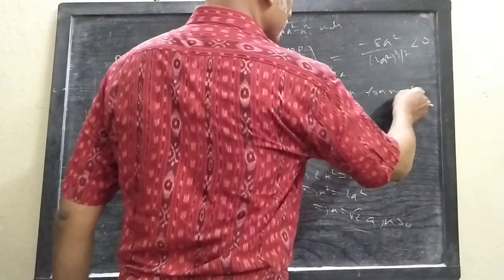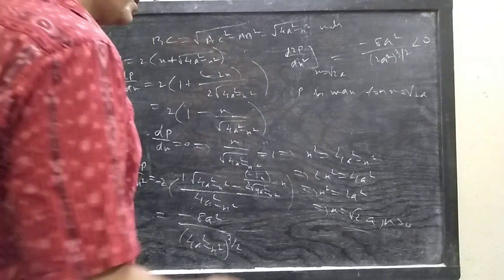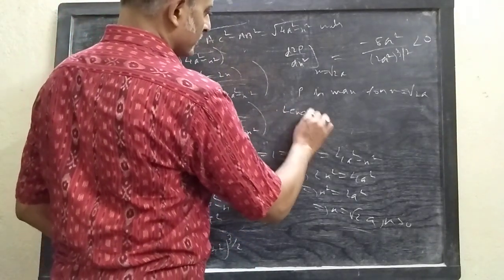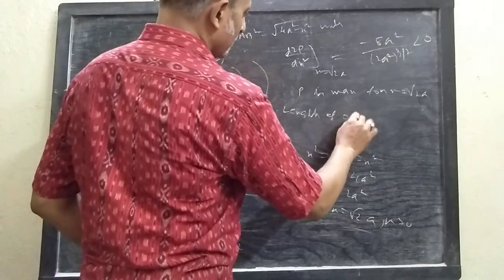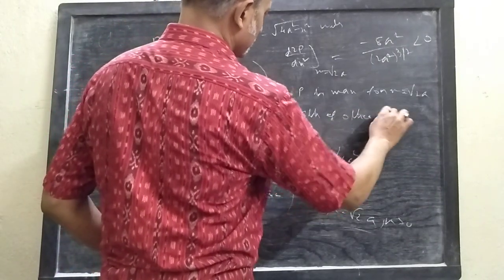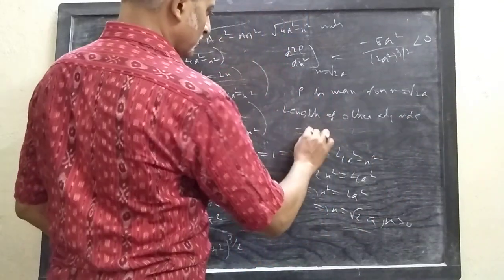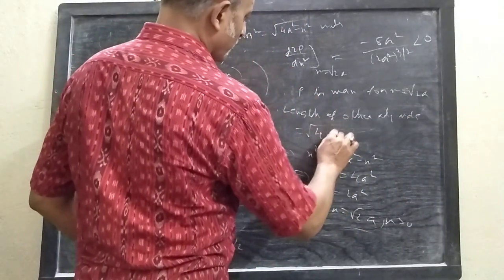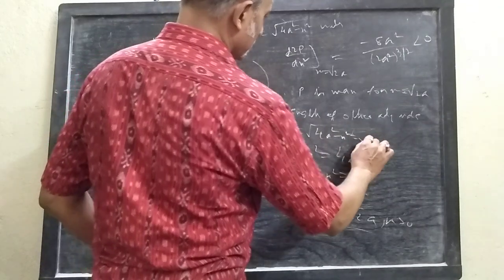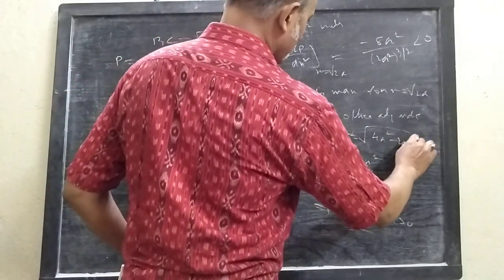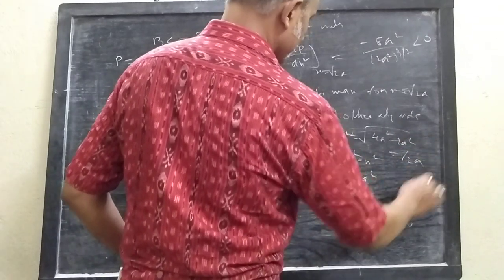So you get x equals root 2 a. Therefore the length of the other adjacent side, this was root over of 4a square minus x square, that is root over of 4a square minus 2a square, that is root 2 a.